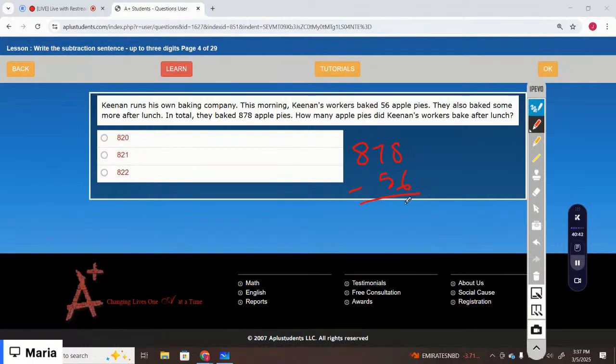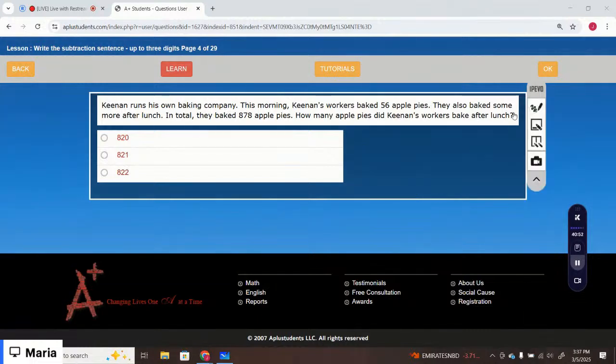Eight take away six is two. Seven take away five is two, and that is 822. Option number three is the correct option. That is 822.